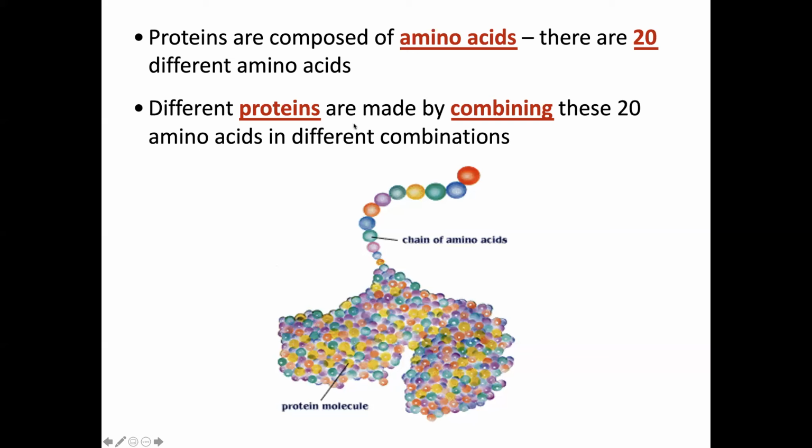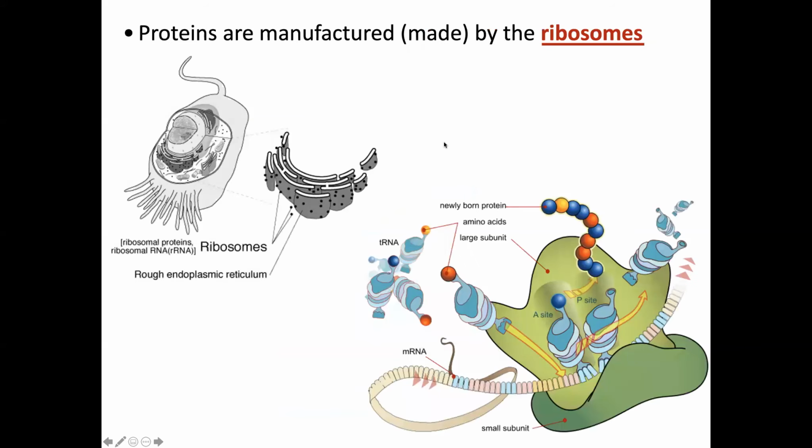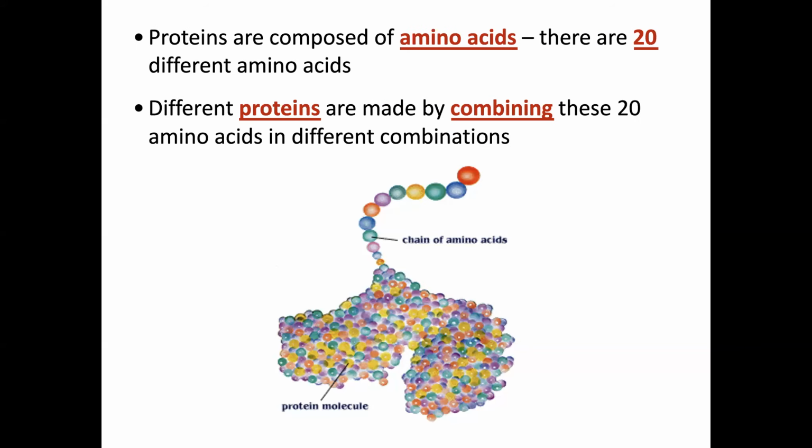So different proteins are made by combining those 20 amino acids in different combinations. Usually we call this combination of amino acids the sequence.